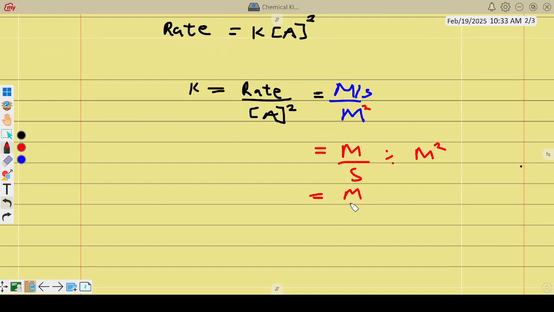We have molar per second times 1 over M squared. So here these will cancel, this and that. Since we have a power 2, it means we're going to remain with 1 M. So our final result is 1 over molar second.